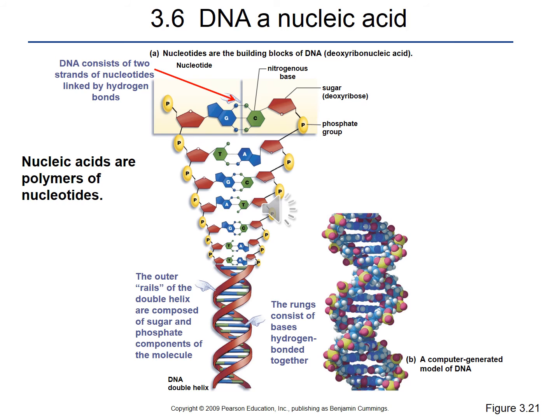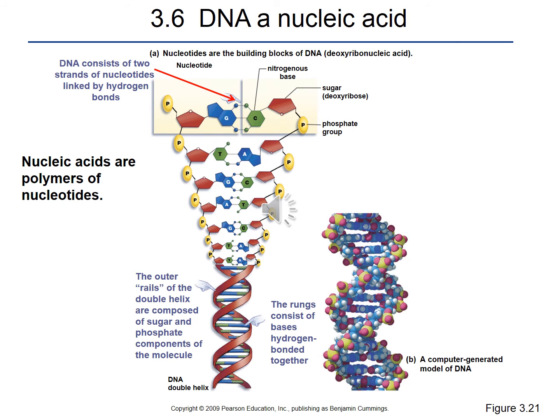Okay, DNA is a double strand. What you see here is a double strand of DNA. DNA is a polymer. Okay, nucleic acids are polymers, which means that they are made up of individual monomers.